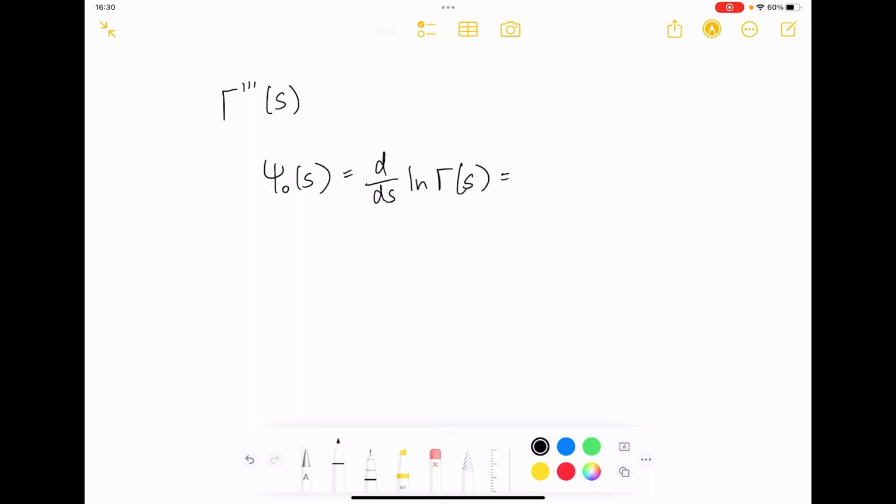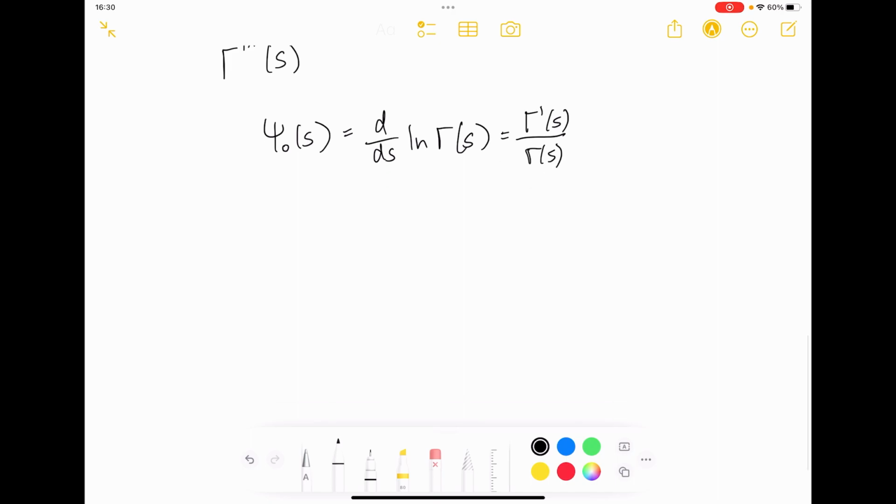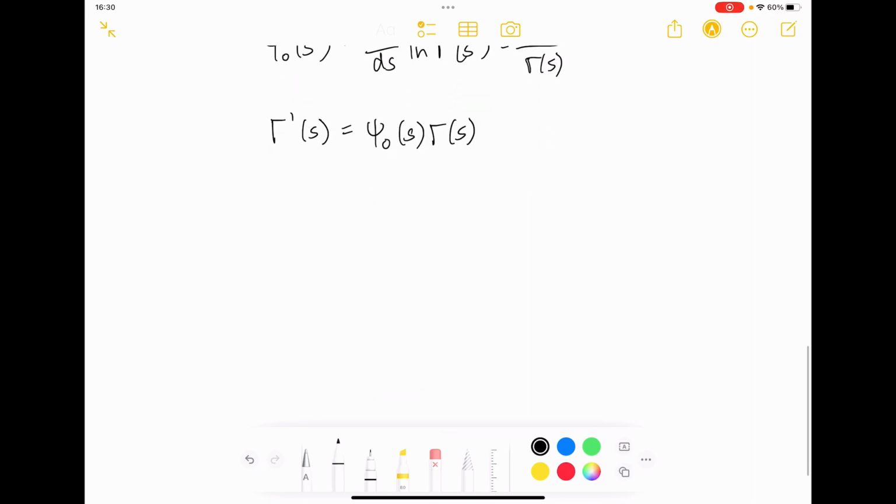And when you take the logarithmic derivative of some function, you get the derivative of the function divided by the function itself. So the first derivative of the gamma function is digamma times gamma. And what we're going to do is differentiate on both sides with respect to s again.